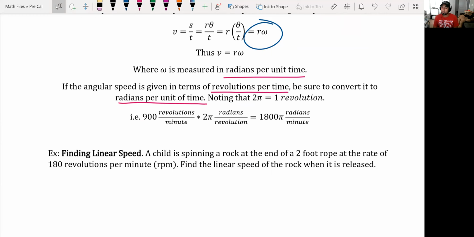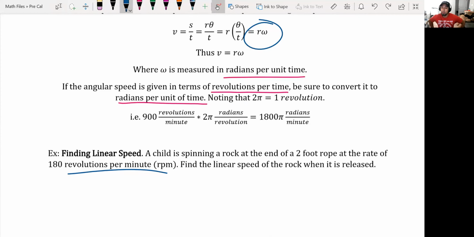All right, so the child is spinning a rock at the end of a 2-foot rope at the rate of 180 revolutions per minute. We have just seen it. We were given revolutions per time, which means we get to use that special formula of r times omega above.